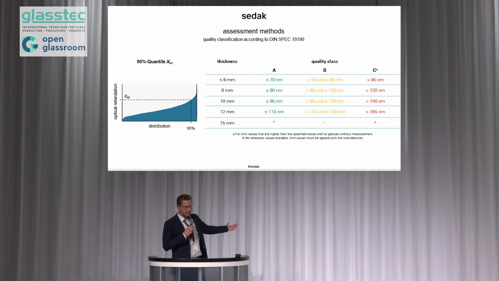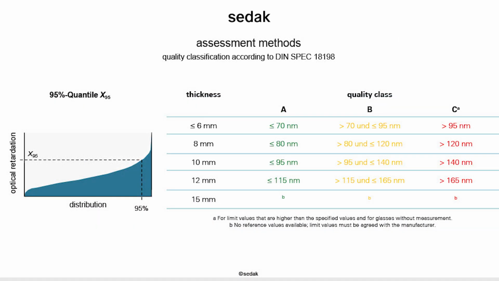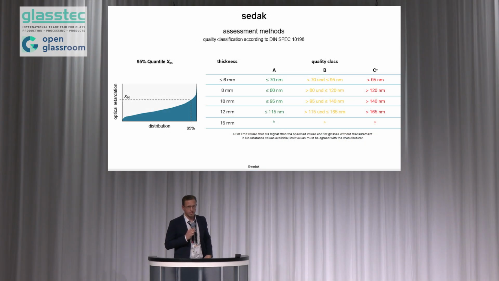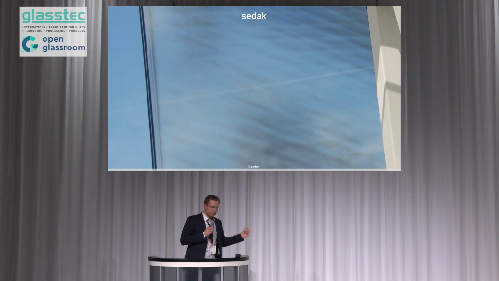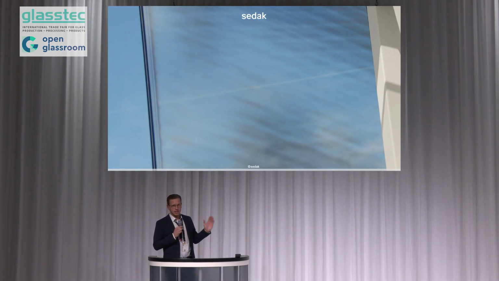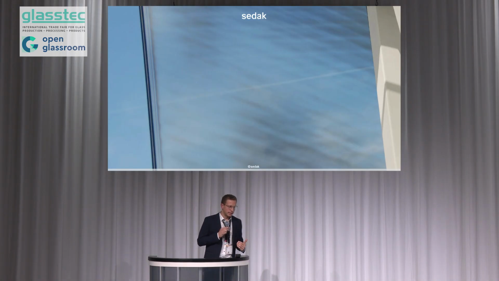With this value, the glass can be categorized in three different quality classes: A, B, and C. Most likely the customers ask for quality class A, so the best product, of course, and they want to see the scan of the glass afterwards as a report. I think we all agree that these visible anisotropies that can still be seen in quality class A are not what we as a glass processor want.